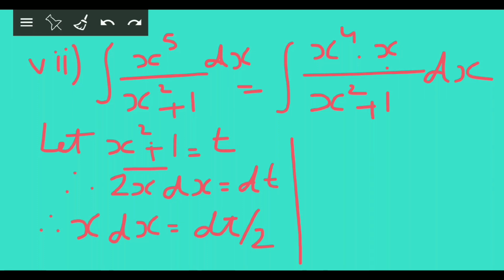We had substituted x square plus 1 as t. So therefore we can write x square is equal to t minus 1, or squaring both the sides, x raised to 4 becomes t minus 1 the whole square. If you observe, in the question the x raised to 4 term is there, so that becomes t minus 1 the whole square.